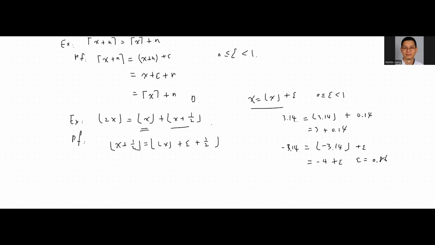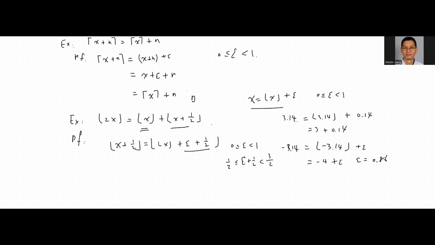Now, we are not sure about this because epsilon is greater than or equal to 0, less than 1. You add half, and it's less than 3/2, greater than or equal to half. So we have trouble. It's possible at 1.2, it's possible at 0.8.